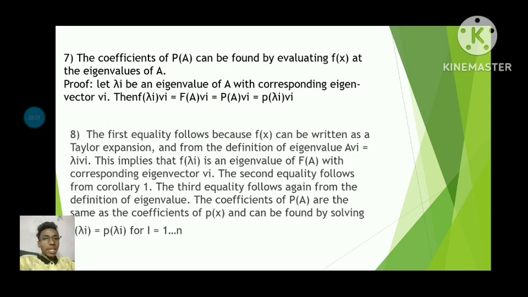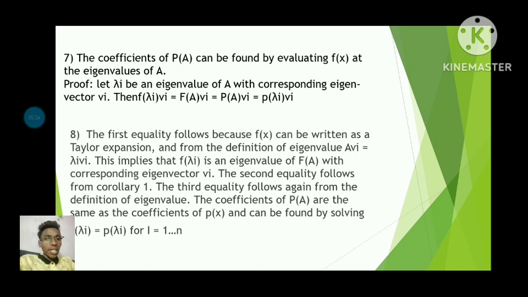Now we see the eighth equation. The first equality follows because f(x) can be written as a Taylor expansion, and from the definition of eigenvalue, A v_i equals lambda_i v_i. This implies that f(lambda_i) is an eigenvalue of f(A) with corresponding eigenvector v_i. The second equality follows from corollary 1.